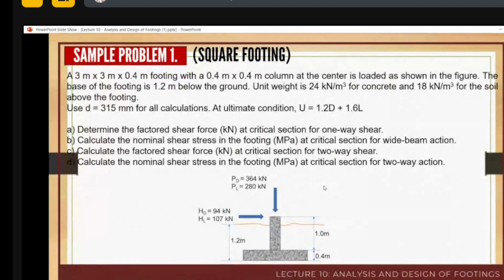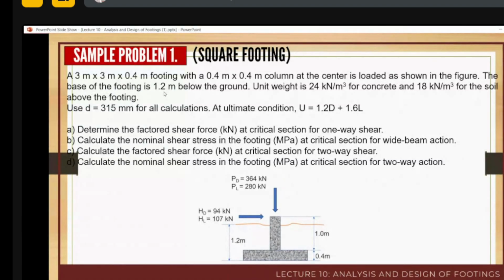Okay, let's go to a simple illustration. You have a 3 by 3 by 0.4 footing with a 0.4 by 0.4 column at the center. So 3 meters, and the total depth of the footing is 0.4. Our column dimension is 0.4 by 0.4, located at the center of our footing.